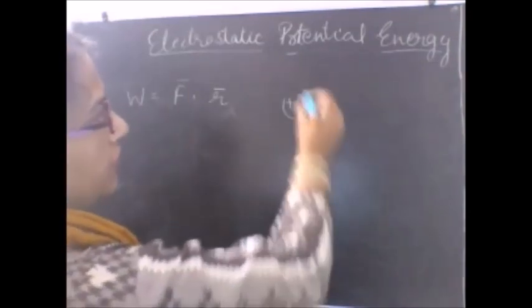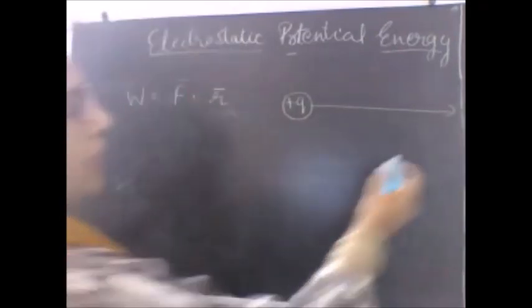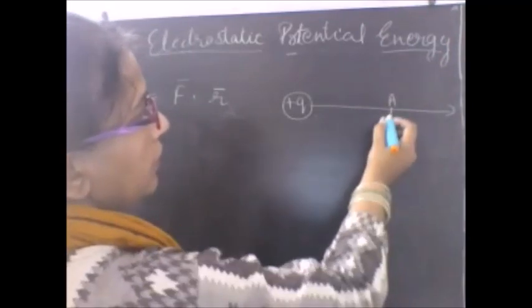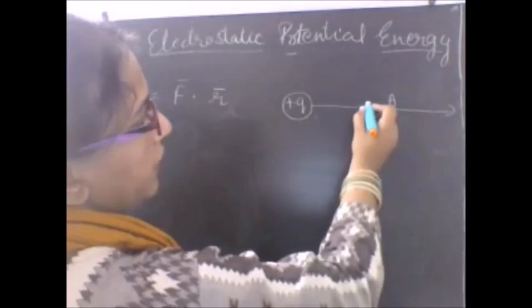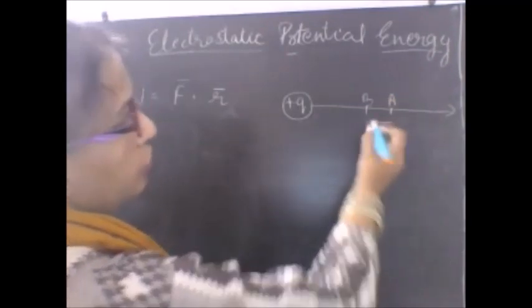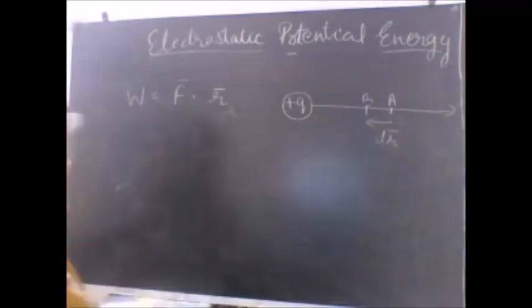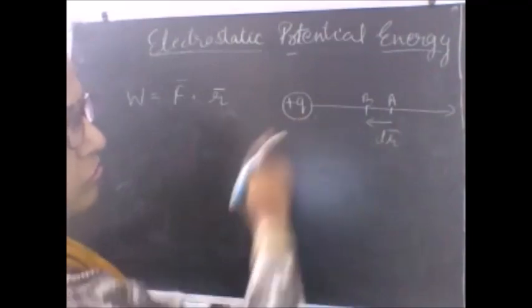Source charge here. This is the direction of the electric field line, and at this point A there is some charge Q naught, and I want to bring it to a point B here. So I have to apply a force in this direction. Displacement is being covered in this direction, towards the source charge.